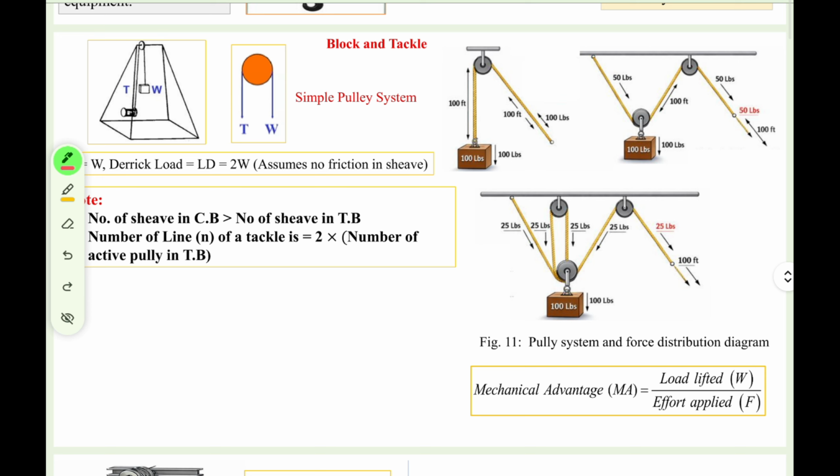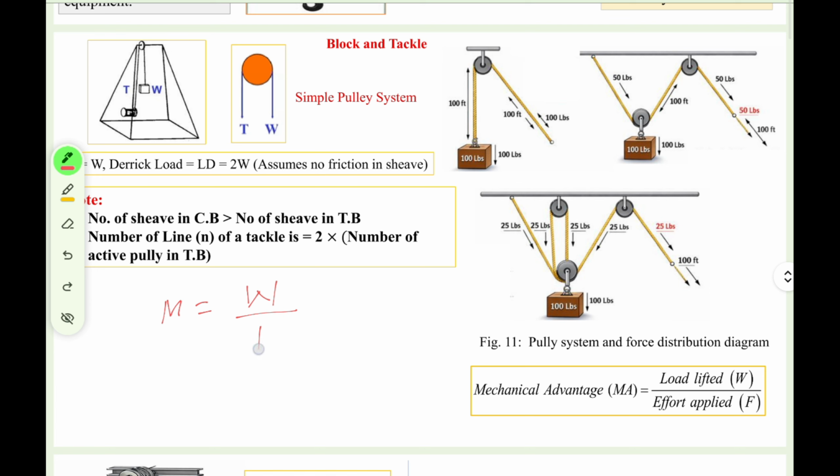In that particular case, W is the load you are lifting, and the effort you are applying means the force F you are applying to lift this weight.